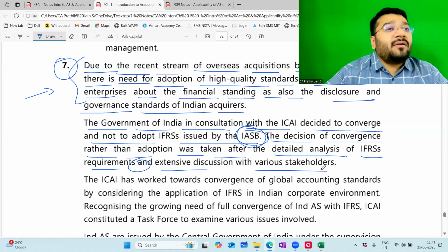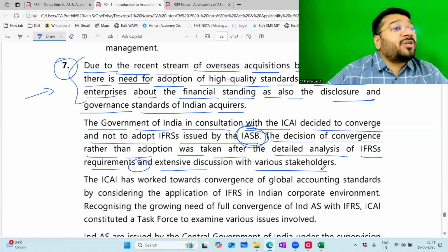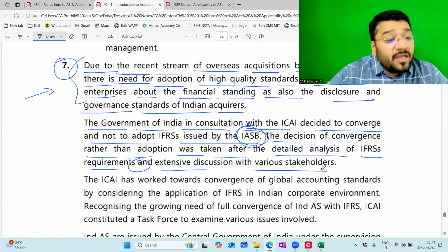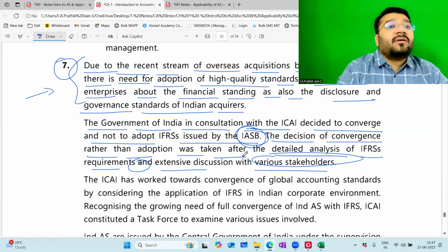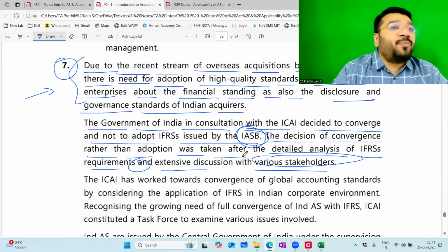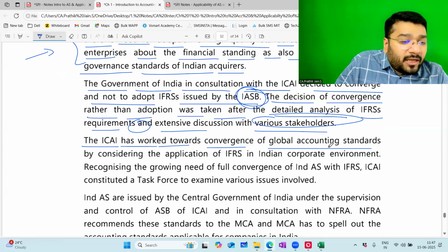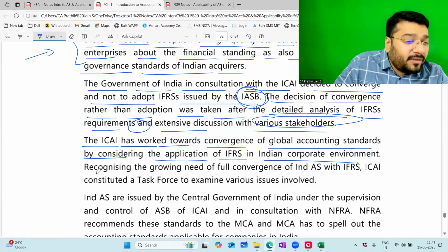Then they came out with an exposure draft. Then this was discussed with multiple stakeholders, the Council of ICAI, other regulatory bodies, etc. We took their inputs and points. Then ICAI worked towards the convergence of the global accounting standard by considering the application of IFRS in the Indian corporate environment.